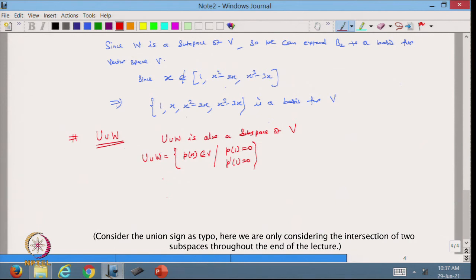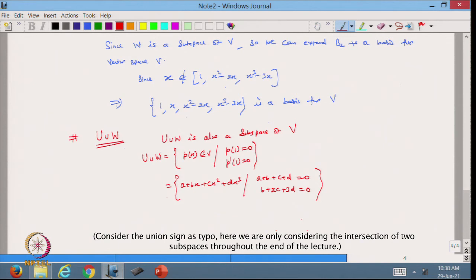So, this can be written as the set of polynomials a plus bx plus cx square plus dx cube, such that a plus b plus c plus d equals 0 and b plus 2c plus 3d equals 0. So, this is the set we are going to have.